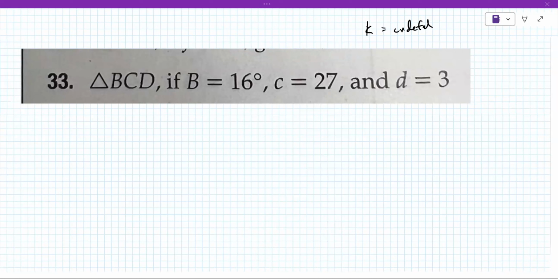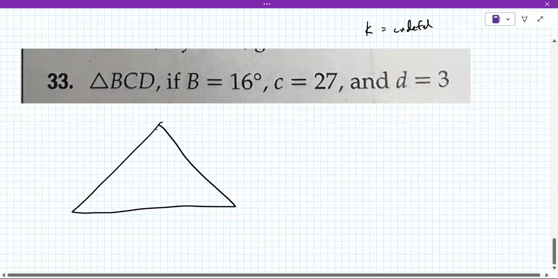So we're going to go 27, 3, and then given angle of 16. All right, will this one work? This one does work. Okay. So I'll have you do a little more on this one. Call this B, C, and D. B is 16, C is 27, and D is 3.